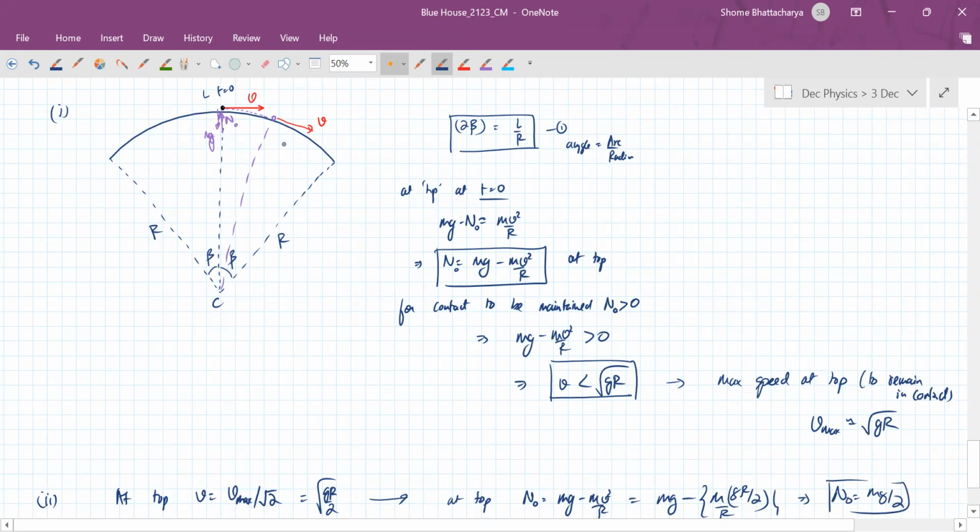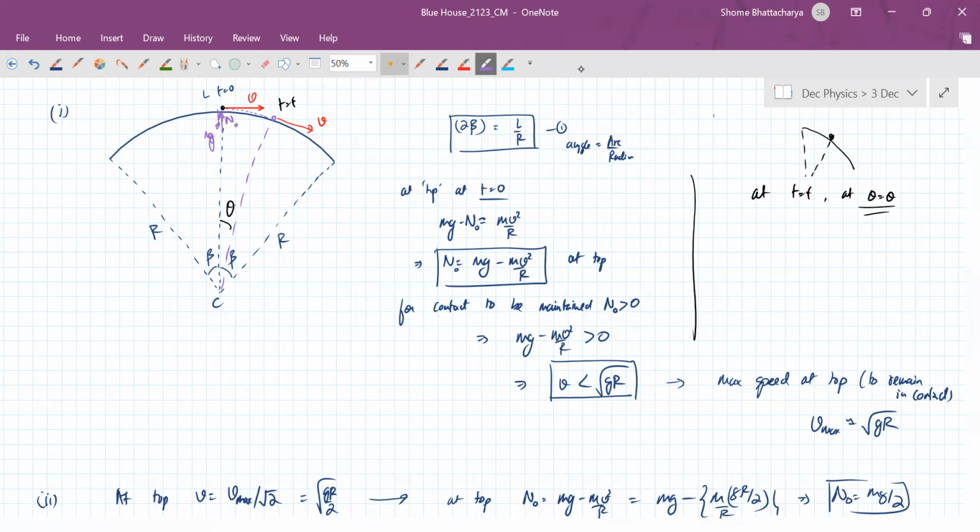But at any other position, so at some time t, when the angle is theta, the angular position theta, if you look at the free body diagram at such an instant, if it has not lost contact, normal reaction is acting like this, mg is acting like this, it's moving at a uniform speed v.